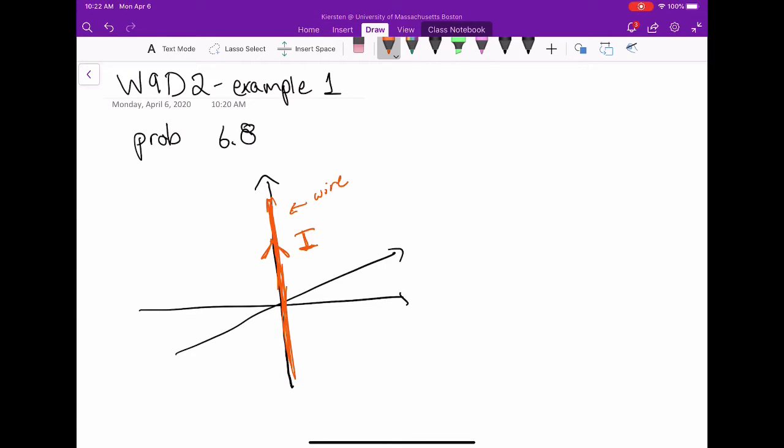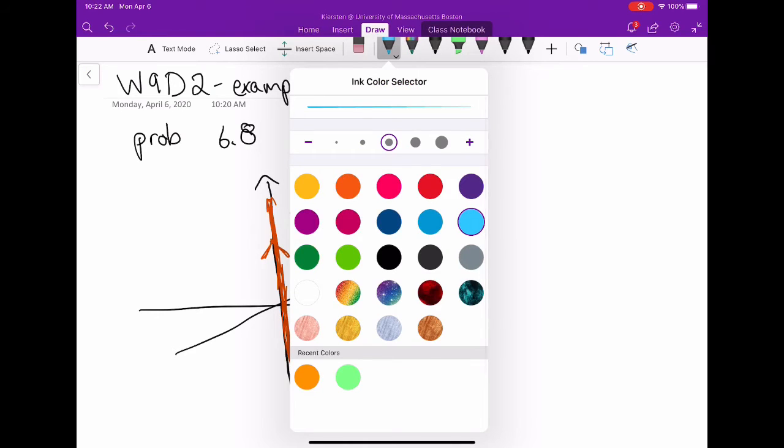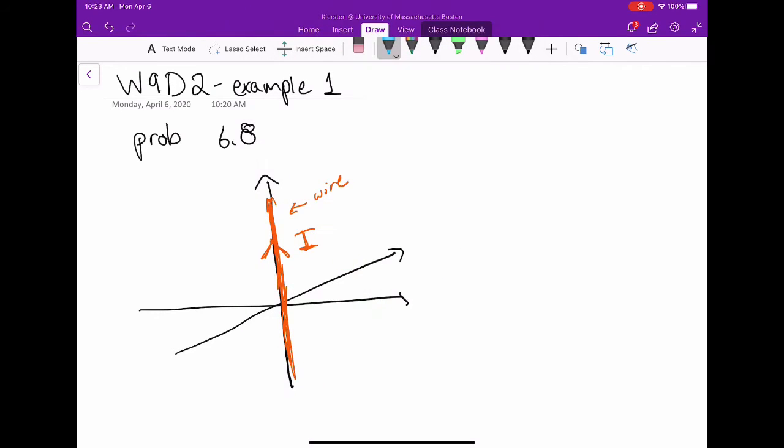And then we also have, let me change colors here, a toroidal ferrite core with some turns of wire wound around it.